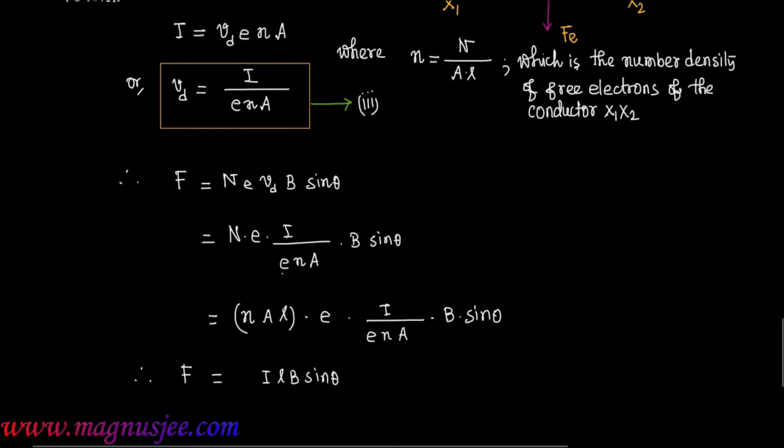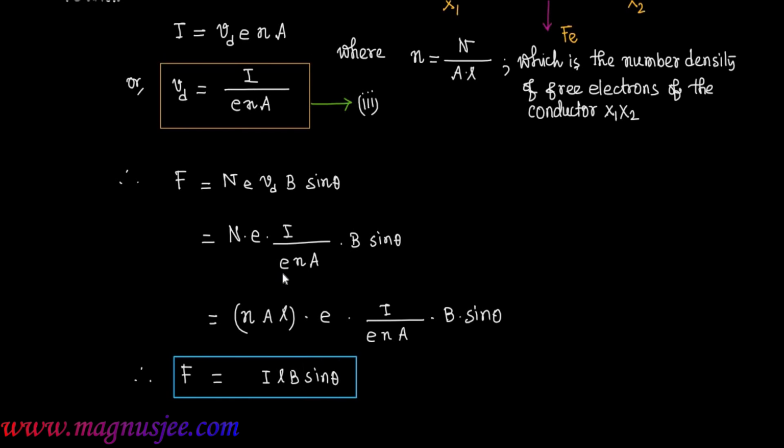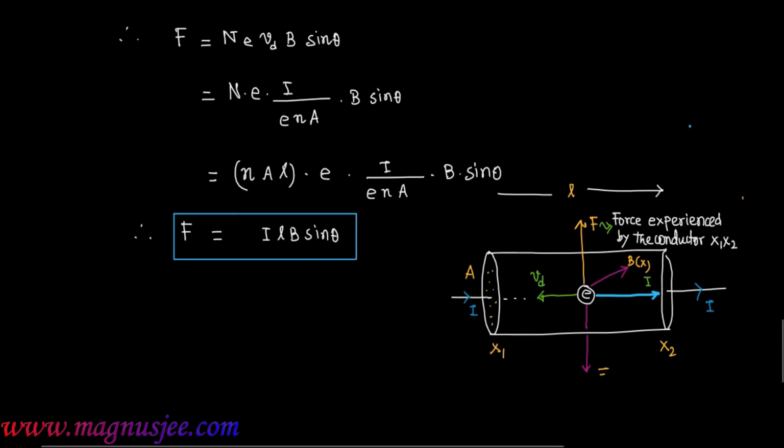Therefore, F equals I L B sin theta, which is the force experienced by a current carrying straight conductor placed in a magnetic field.